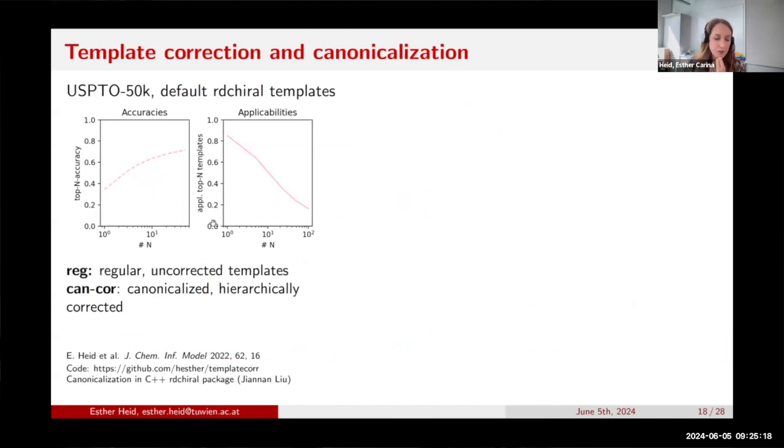So I hired a student to do this, and here I'm showing you results for organic reactions, but the same is also true for enzymatic reactions and other data sets. And if you plot the top-N accuracies of a retrosynthesis algorithm, so this is, you take the product, you predict the templates, you apply the templates, you get the precursors, you compare whether it's the right precursor in the top-N hits that your model outputs.